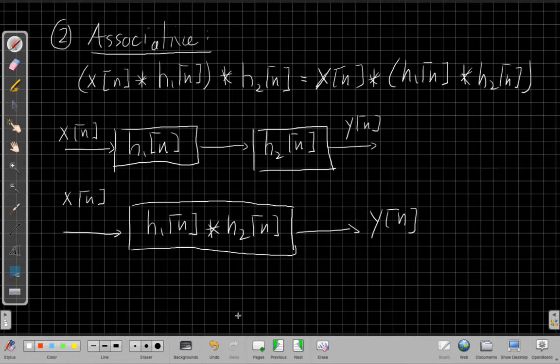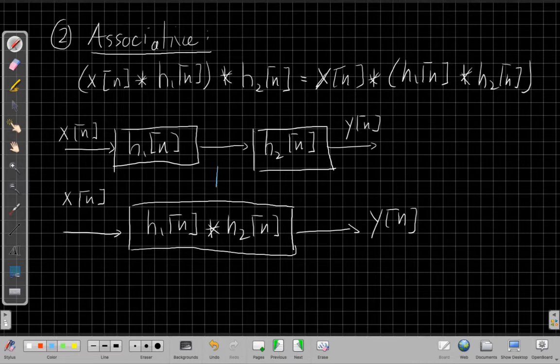Sometimes this lets me make one system that's much simpler that I can implement faster or with less latency. Sometimes it goes the other way. Sometimes I look at a complicated system, and if I can think of how to factor it, a special kind of factoring called deconvolution, we'll talk about later, I could break it into two simple systems that I could run in a pipelined architecture much faster than the one big complicated system. So the ability to move back and forth here is really important.